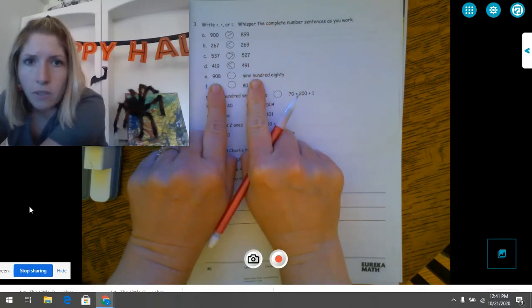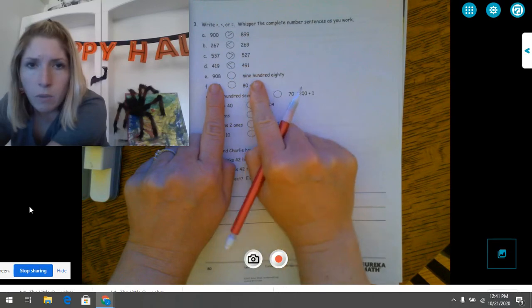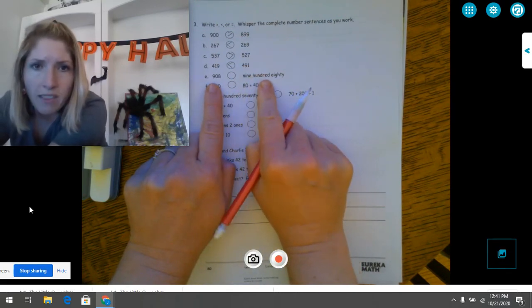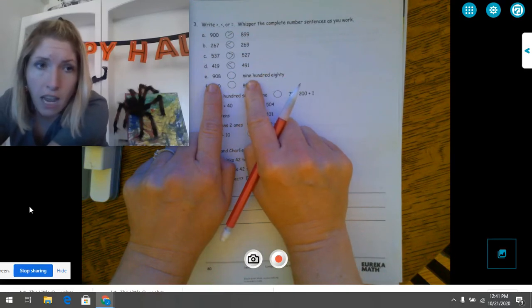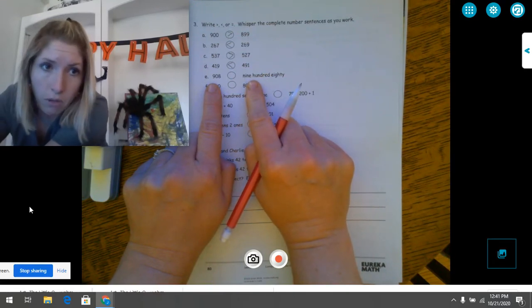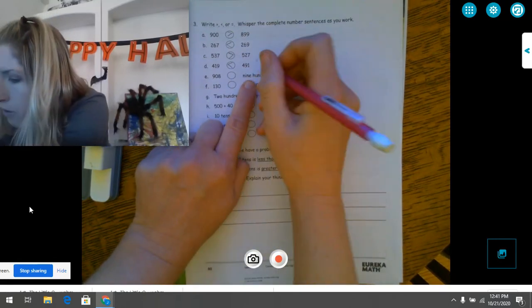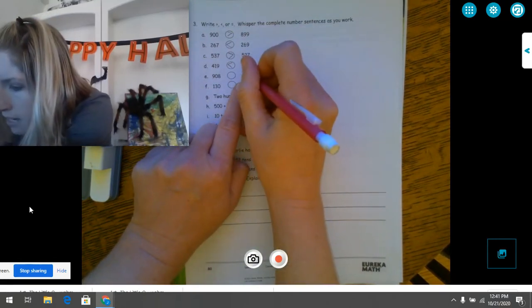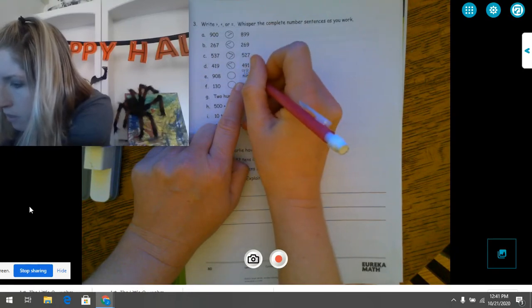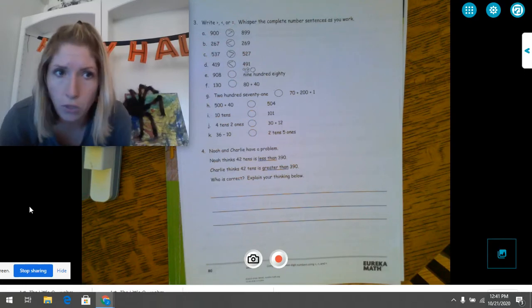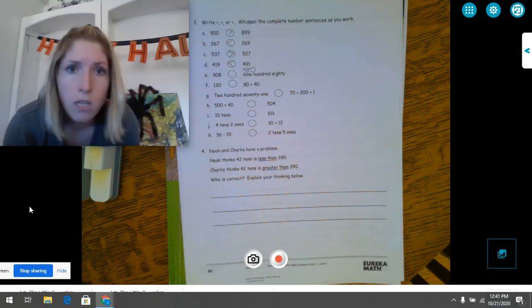Next, now sometimes when they look like this and they're written, one's written in word form and one's written in standard form, we need to write this number out first in standard form or number form. So 980, we have to read it out loud. How would we write that? 980 looks like that. Okay, so always write it out first in standard form.